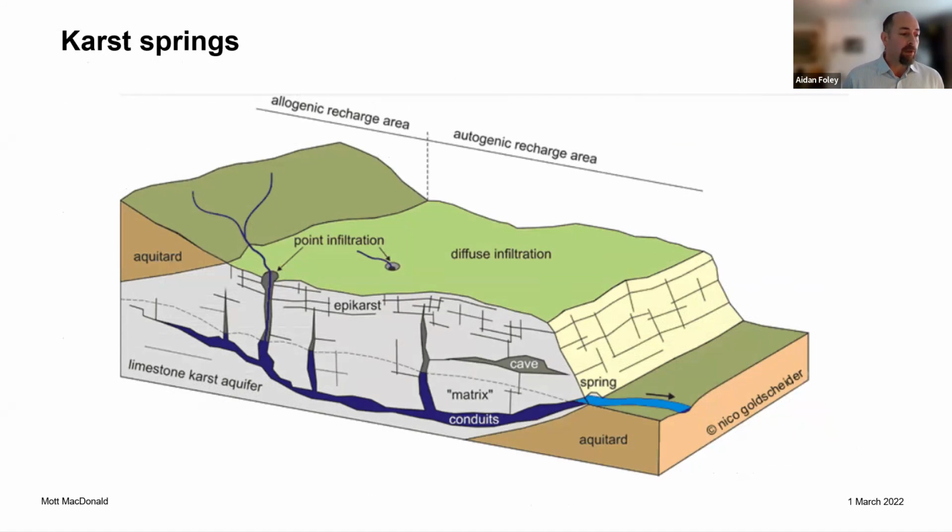Something like 20% of the terrestrial surface of the Earth is covered by carbonates, principally limestones, which are soluble. Often you have them abutting sandstones or other non-soluble rocks, which generate runoff, which goes down sinkholes and accumulates in a hierarchical drainage network, which often culminates at springs.